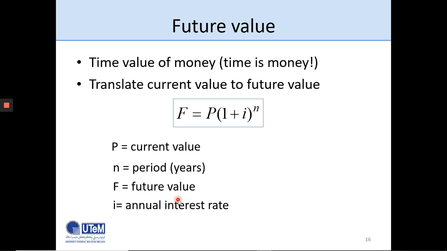We need to invest the money into some channels, some potential options where we can earn more than the amount of inflation. Okay, so we need to utilize this equation. F equals P(1 + i)^n, where F is the future value, P is the present value, i is the annual interest rate, and n is the number of years.